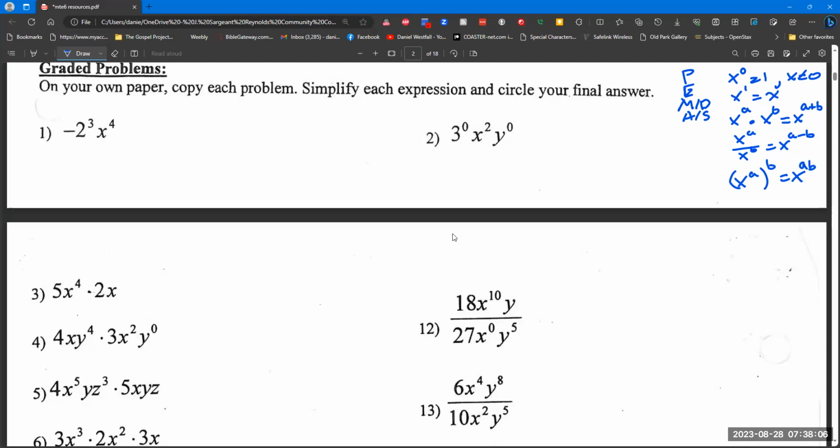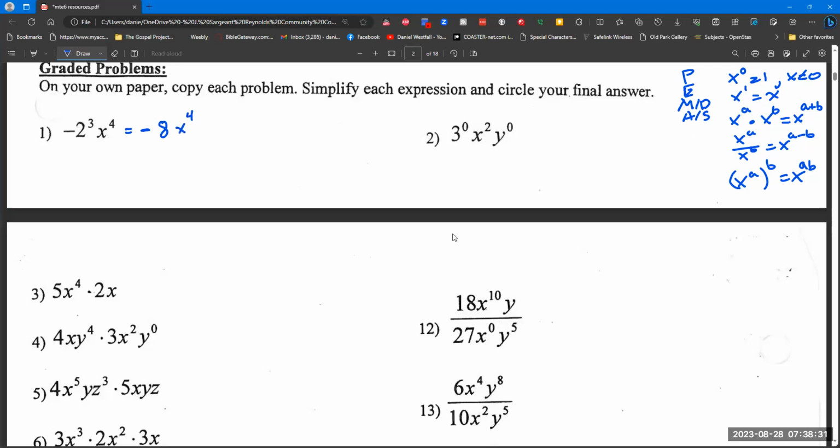So let's go ahead and work on these problems here. That negative out front is multiplication, so I'm going to leave that alone. I'm going to take care of my exponents first. 2 to the third power means 2 times 2 times 2. So 2 times 2 is 4, times another 2 is 8.